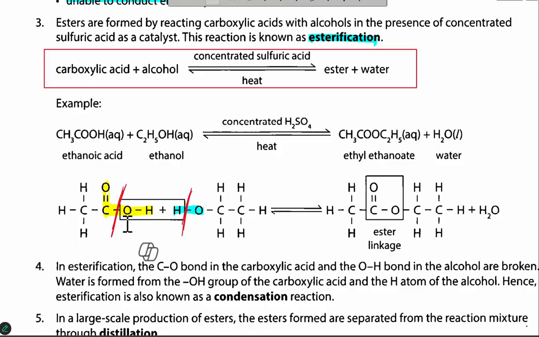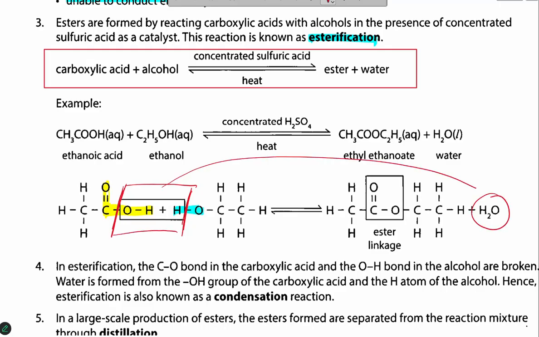But down here, when I heat it with concentrated sulfuric acid, I break this bond, memorize that, break the OH away, break the H away, and they combine to form water. There you are, it forms water. You see that? And then this C double bond O will then join to the O to form this.